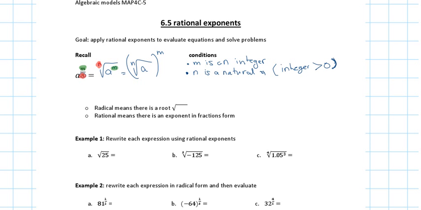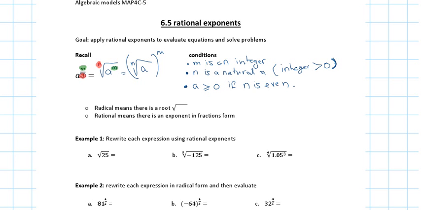And then we have to say that a, which is the base, has to be greater than or equal to 0 if n is even. Okay? Because I can't take the even root of a negative number, right?